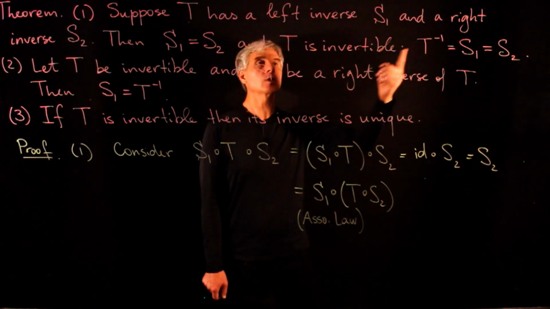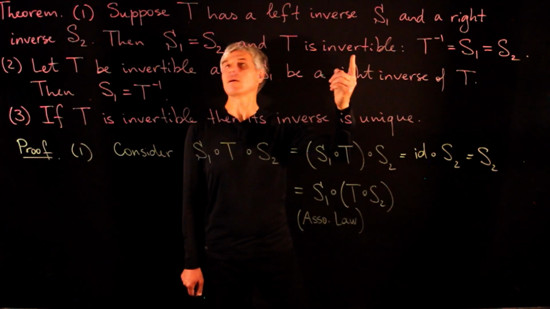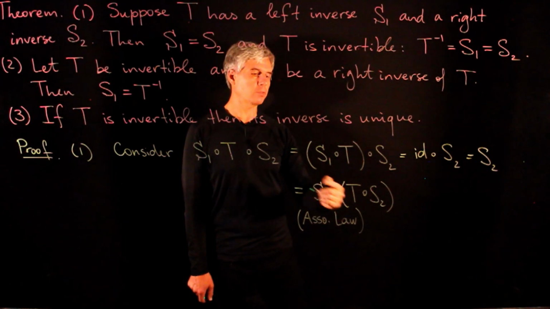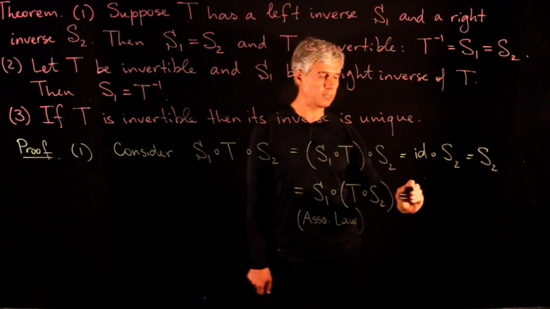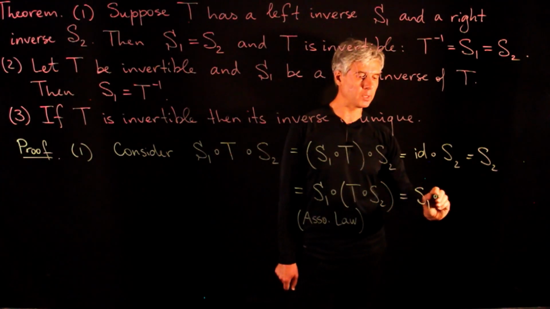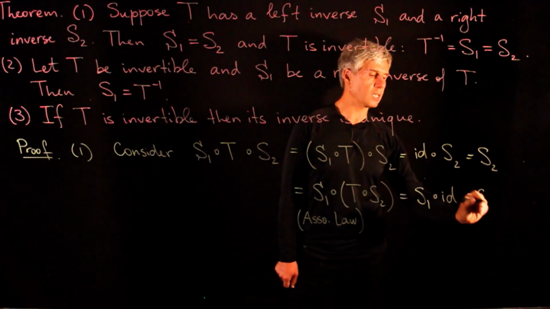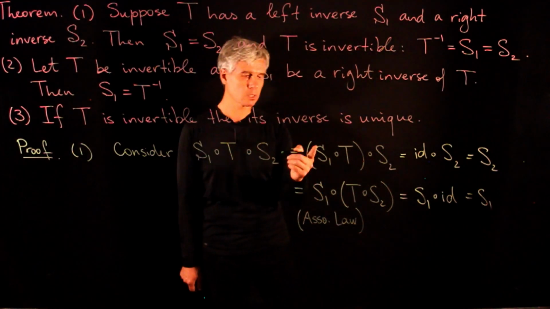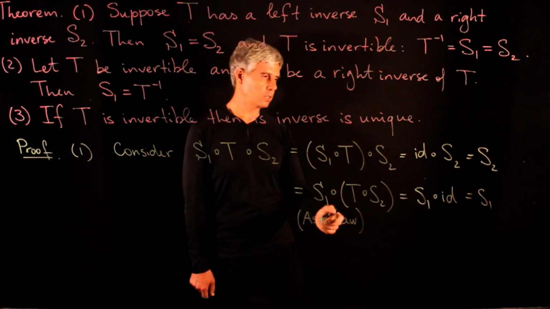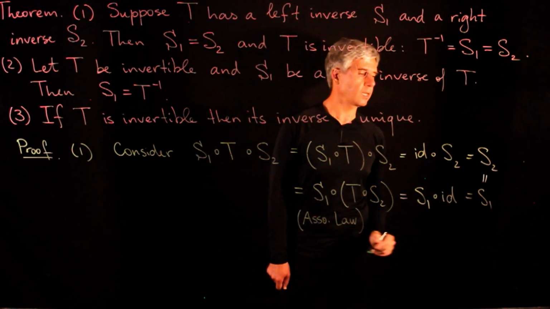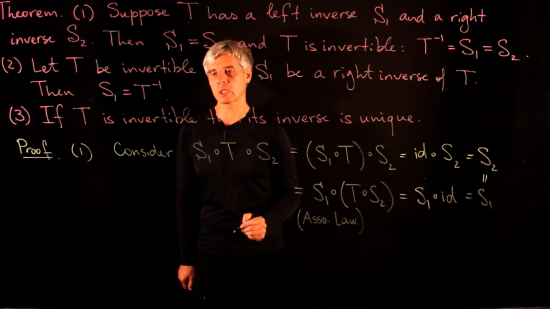And S2 is the right inverse of T, so T composed with S2 is identity. And so now we get S1 composed with identity, which is S1. Because these two expressions are equal by the associative law, we conclude that S1 is equal to S2.